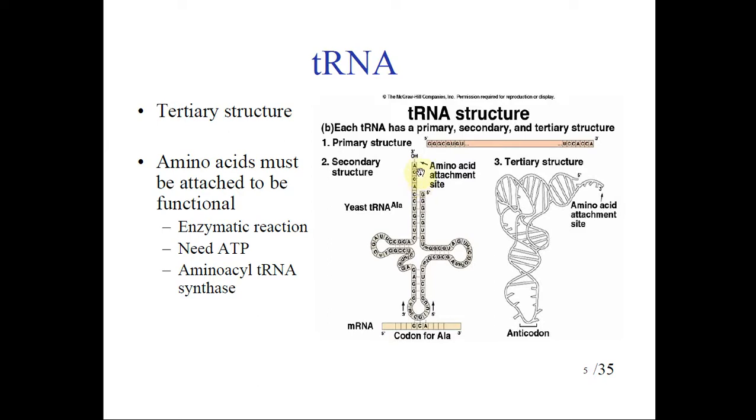All the tRNAs have these CCA bases, and to this last base, adenine, the amino acid is attached. Once the amino acid is attached, the tRNA is said to be charged tRNA. When it is without an amino acid, this tRNA is known as uncharged tRNA.